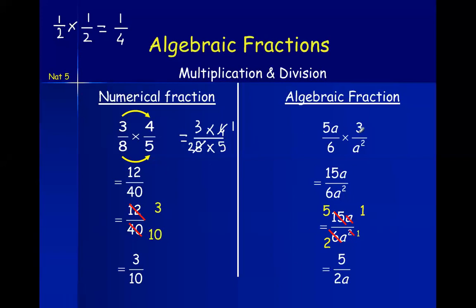But if we had started here, let's say we went, oh, I've got a 3 and a 6 and an a. You could have just gone here 5a times 3 divided by 6 times a times a.